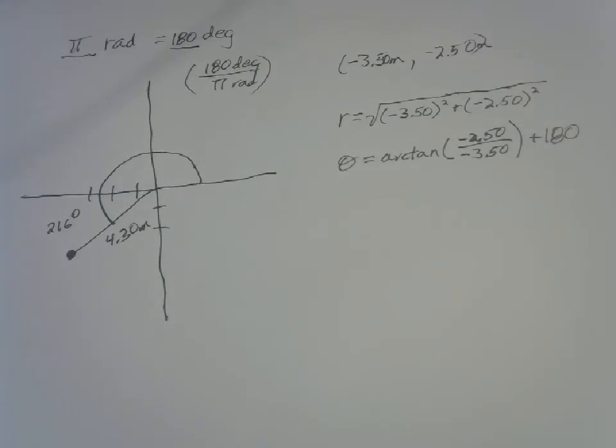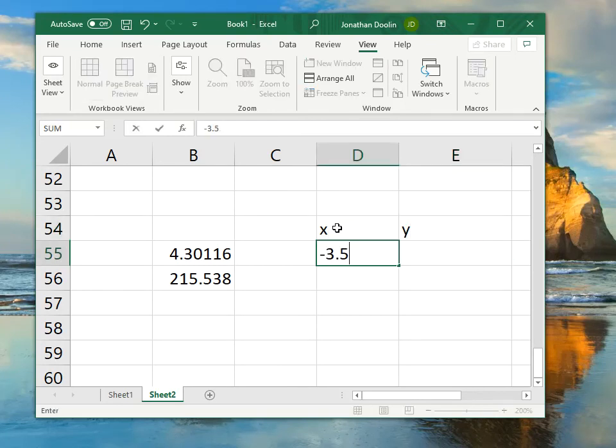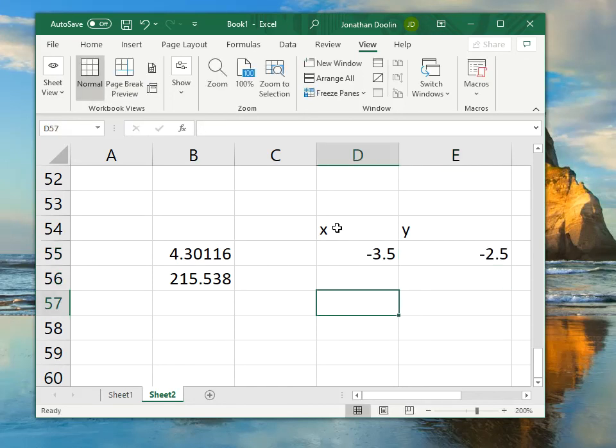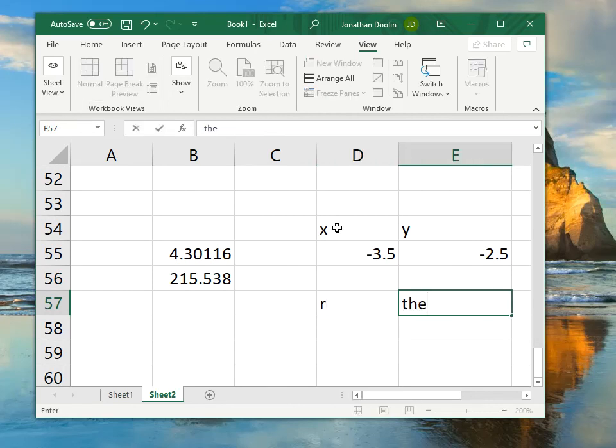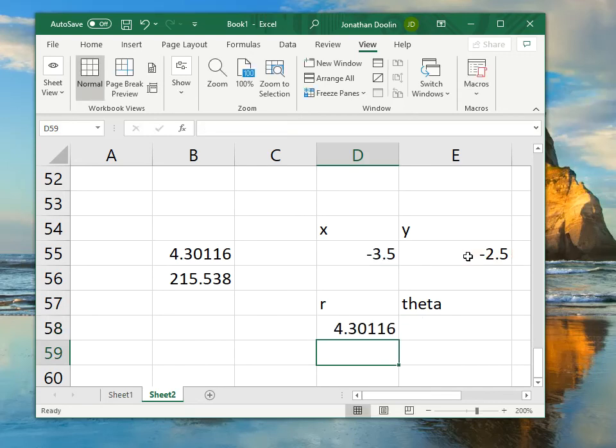Let's do it the easier way. We've got x and y are negative 3.5 and negative 2.5. And I'm going to do r and theta, and it's going to be equal to the square root of that number squared plus that number squared, which gives us 4.30.